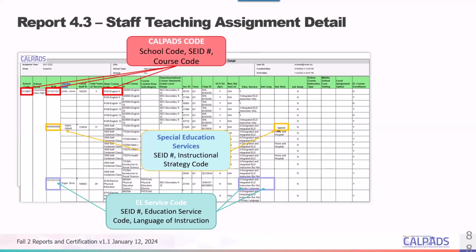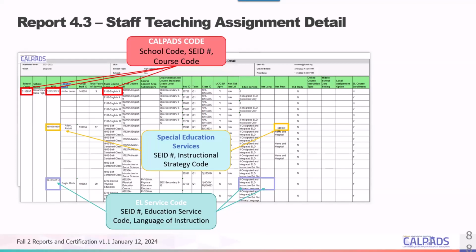Your special education services, again, you're going to identify the teacher's credentials and authorizations using the seed. The instructional strategy code identifies that they're teaching special education students. And then we're going to see if they can teach those students and their primary disability. The EL service code, again, looking at the teacher's English language authorizations using their seed.